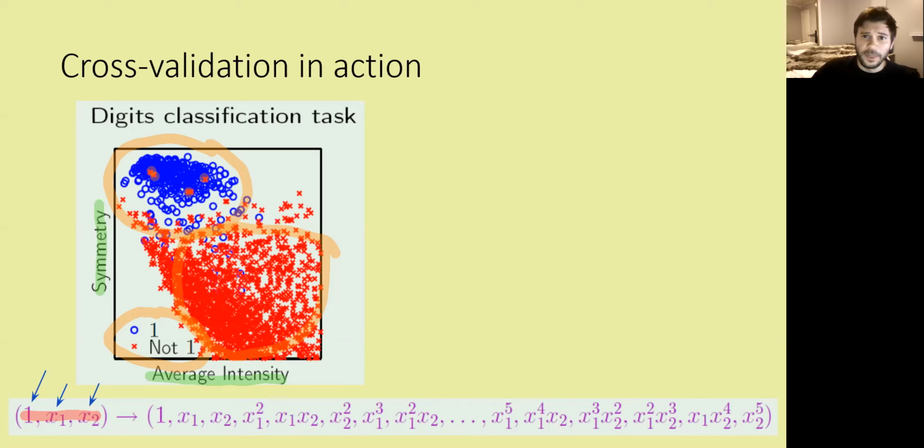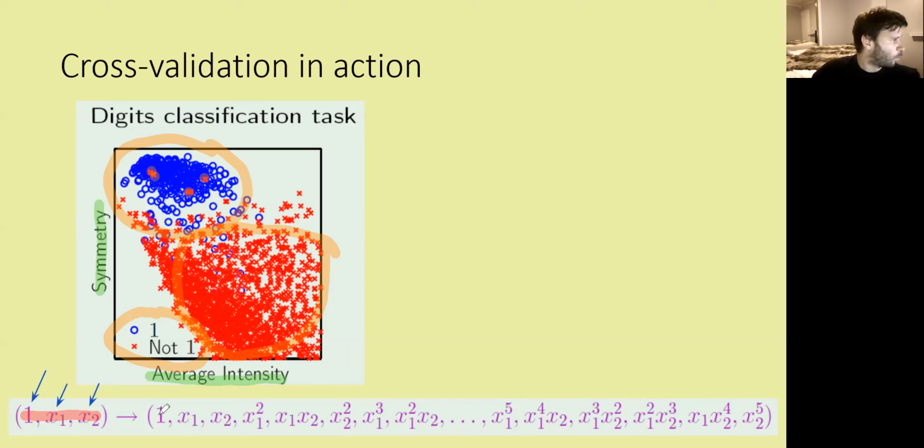And what I want you to think about now is the process of adding more variables, checking the in-sample error, the cross-validation error, and the out-of-sample error on the training sets, the validation sets, and the test sets respectively. And then we're going to do that over and over and over as we add more and more features to our model until we have a very, very, very complicated and high dimensional feature set.